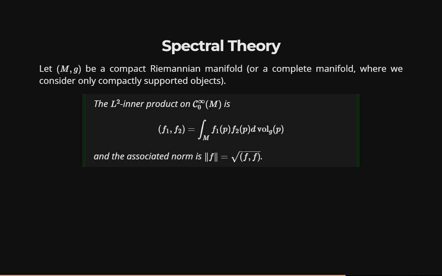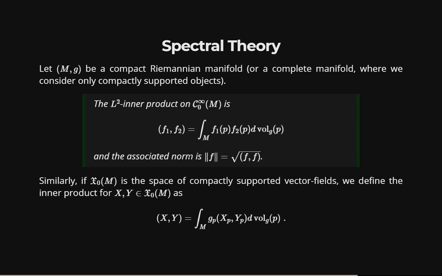And the norm is the square root of the scalar product between f and itself. Similarly, on vector fields, compactly supported if M is not compact, the L2 inner product between two vector fields is the integral over M of the pointwise scalar product between X and Y.